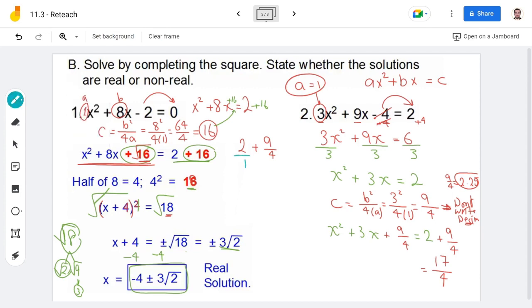Over 1. So now I have to make the denominator the same. So I have to multiply this one by 4. So it will be 8 over 4 plus 9 over 4. So do I have now a common denominator? Yes. So it will be one denominator, which is 4. 8 plus 9 is equal 17. So this is how I get 17 over 4.